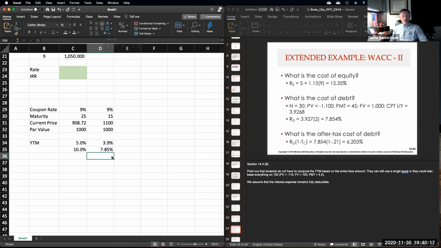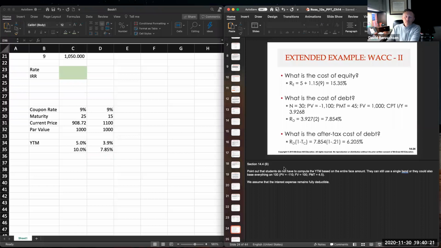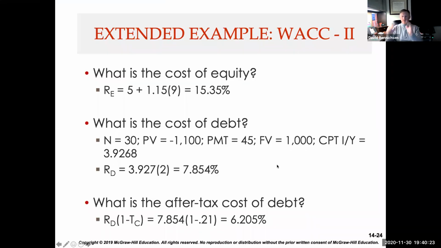We adjust that for tax: we take the pre-tax cost of debt times 1 minus our tax rate of 21%, and we get an after-tax cost of debt of 6.205%. So we got some variables.